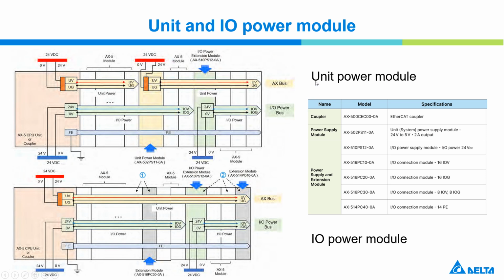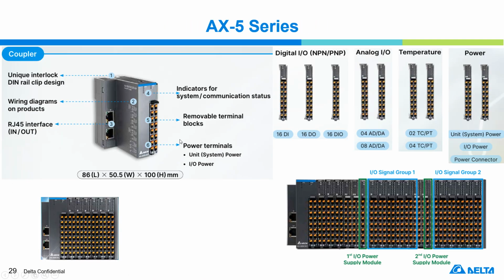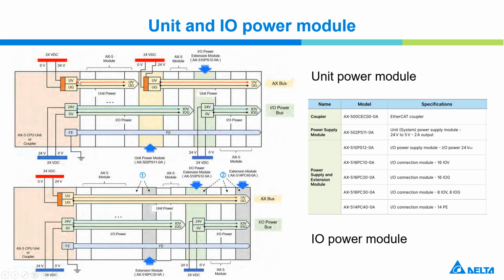Like I mentioned, for the AX5, the power module is separated into the unit power module and the IO power module. From the left side, this is the AX5 CPU, or the coupler. Then you need to connect the power to the terminal here, and here you will have the 24-volt input.